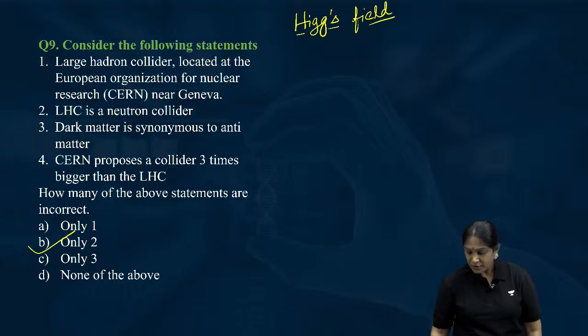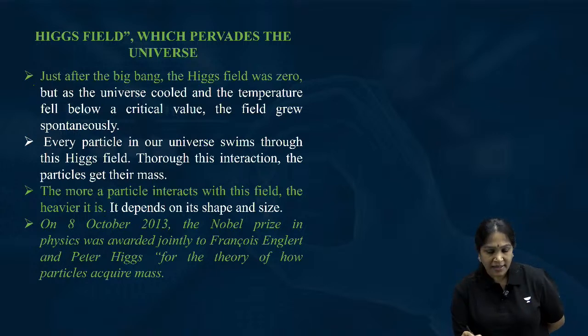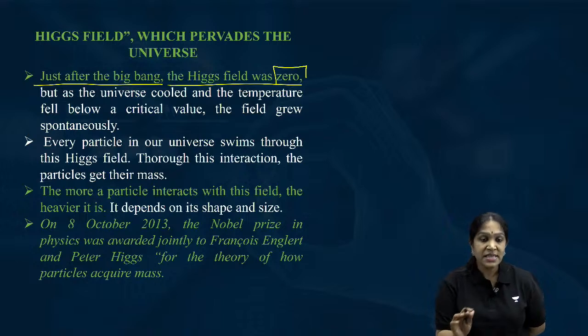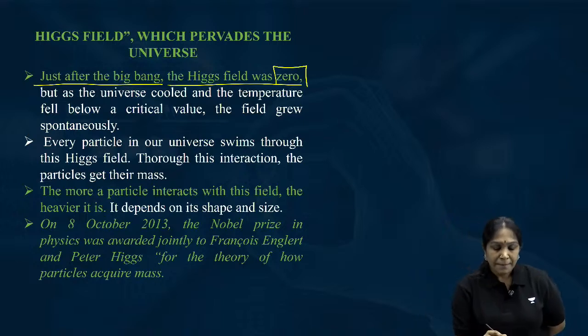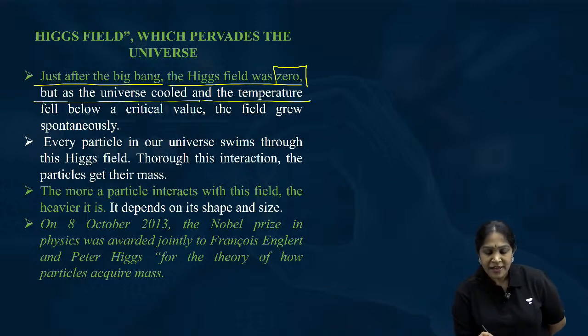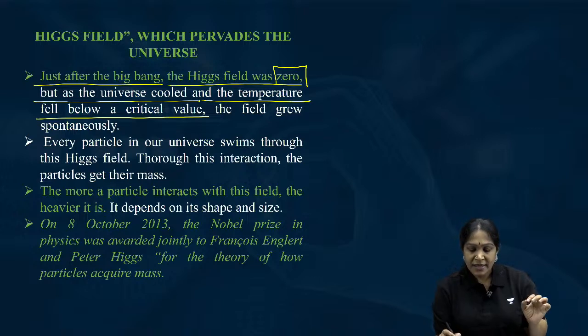Higgs field. Look here. Just after the Big Bang, the Higgs field was 0. It means there was no field. But as the universe cooled and the temperature fell below a critical value, the field grew spontaneously.